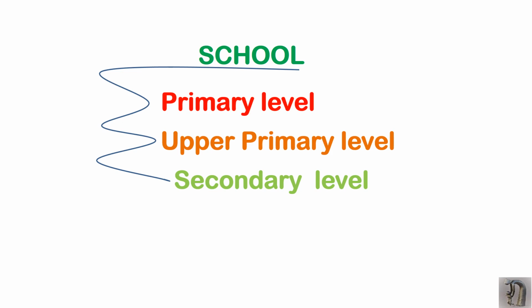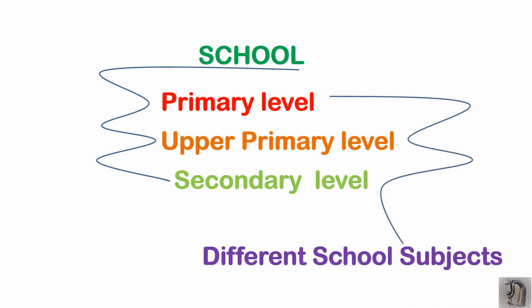They just manipulate the terminologies, like PYP or secondary or middle class. In that way they try to differentiate, but almost it remains the same, and all the levels will have different subjects to study.